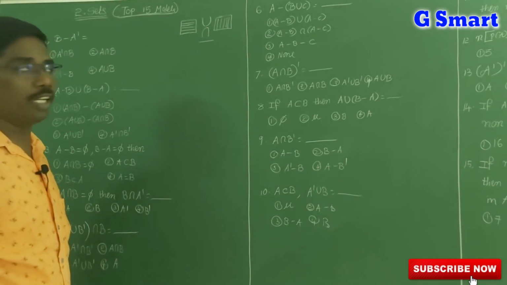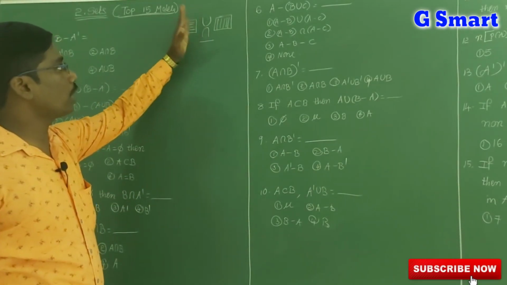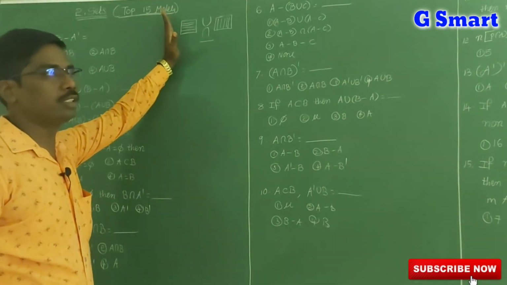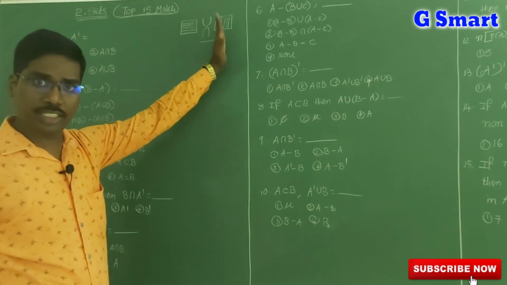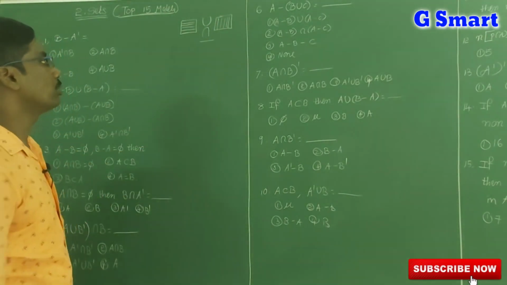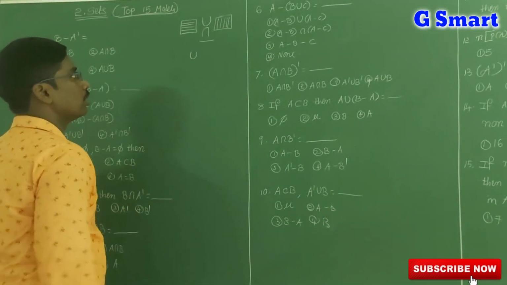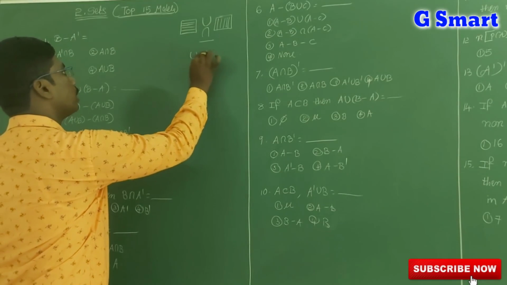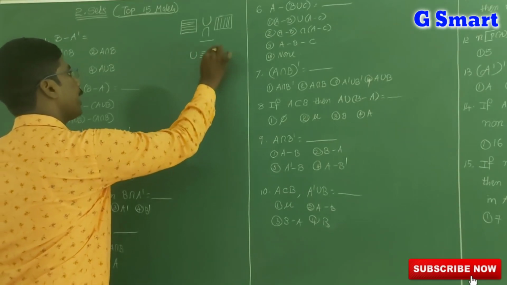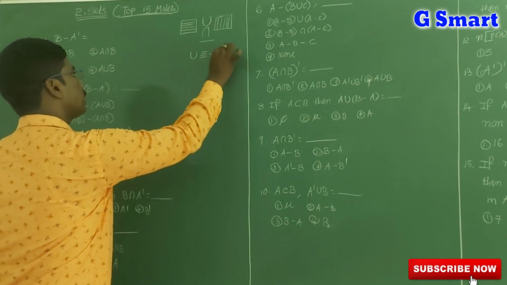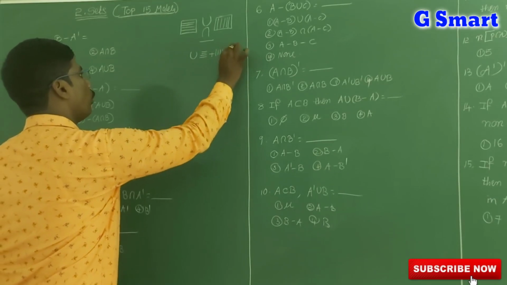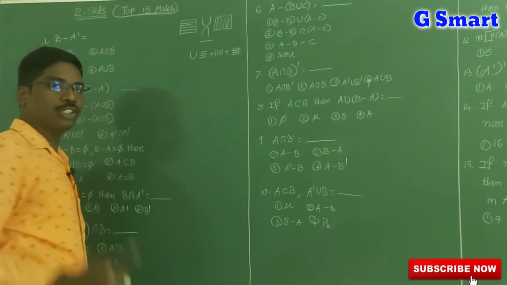First of all, listen to this shortcut. Before the symbol, whatever set is there, that is horizontal lines. After the symbol, whatever is there, that is vertical lines. If you want to find union, take all horizontal lines plus all vertical lines plus all the combination of horizontal and vertical. That is your answer.